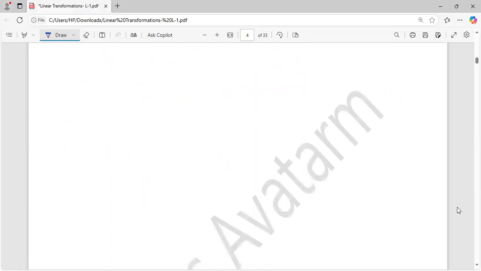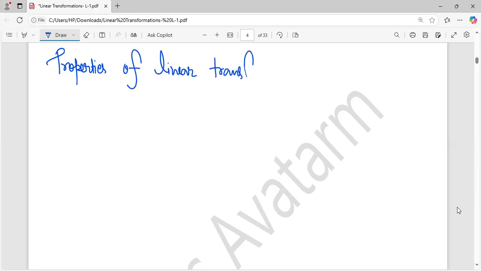So, properties of linear transformations.